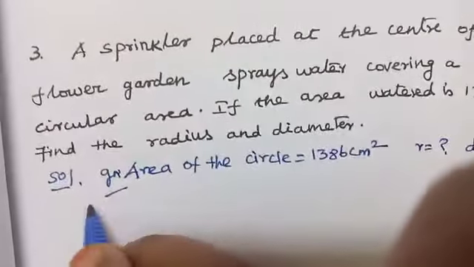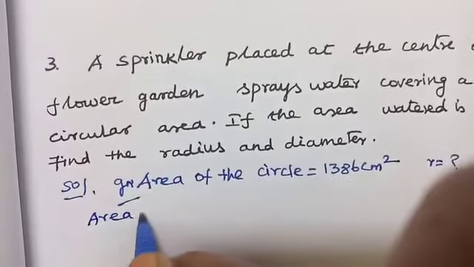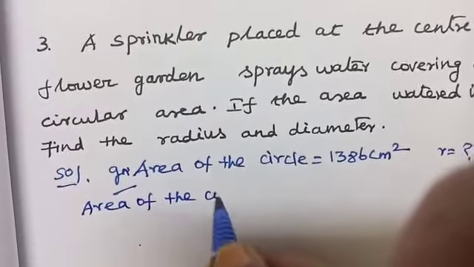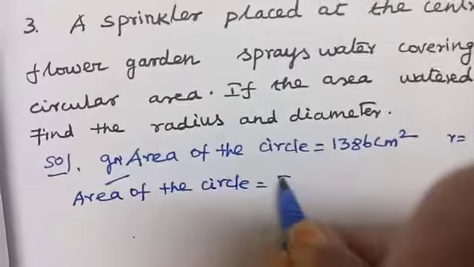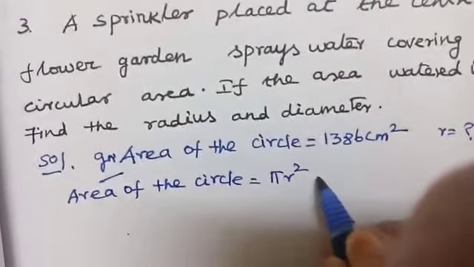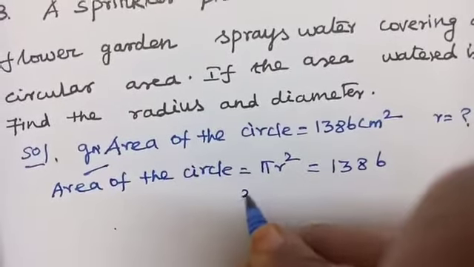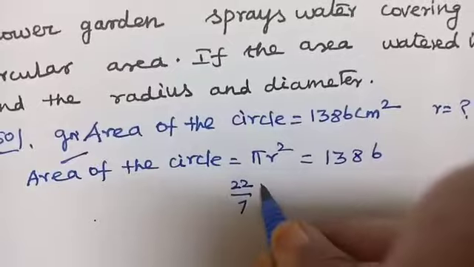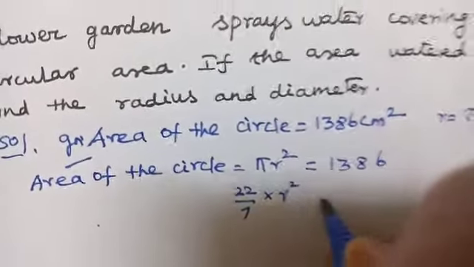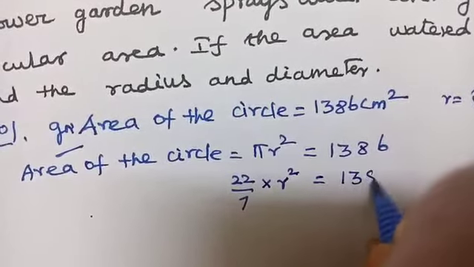So now we write the formula. Area of the circle is equal to pi r square. That is given, so 1386. The value of pi is 22 by 7, but r we don't know. Now we find the radius. So write r square is equal to 1386.